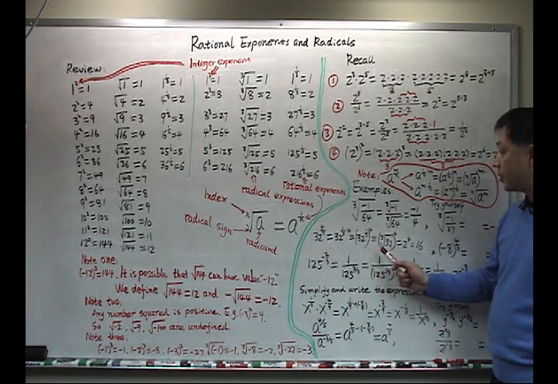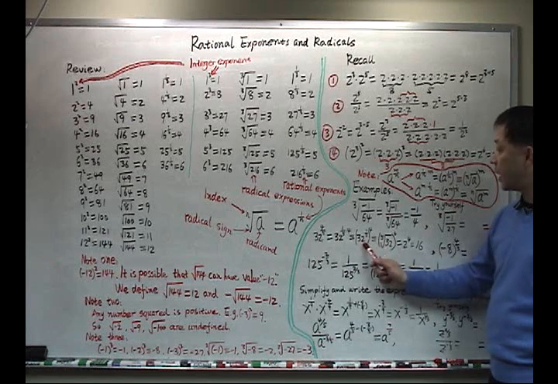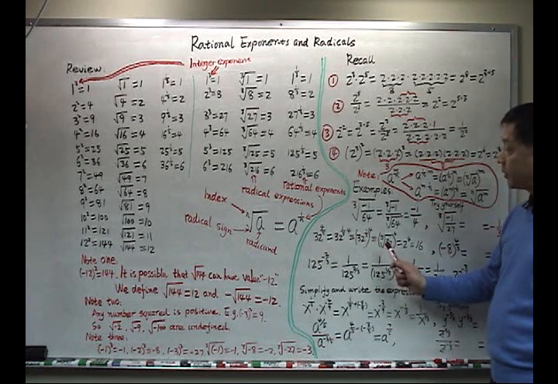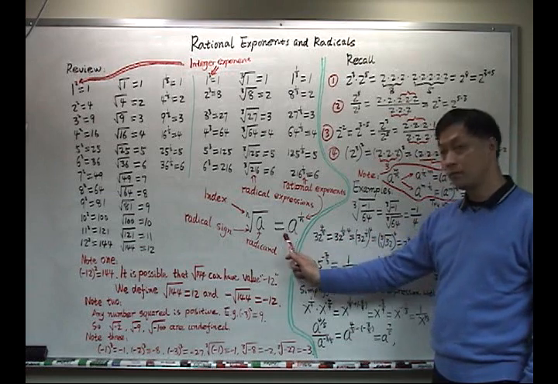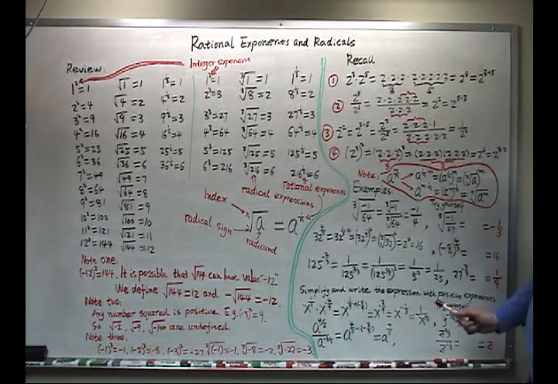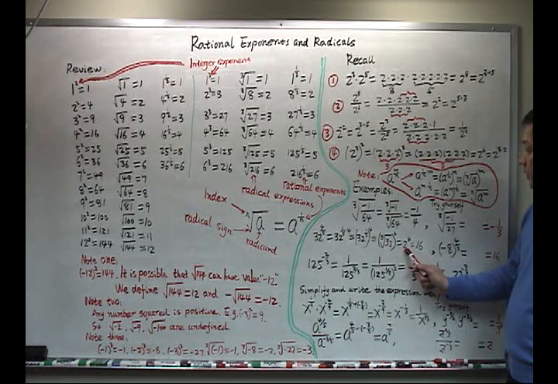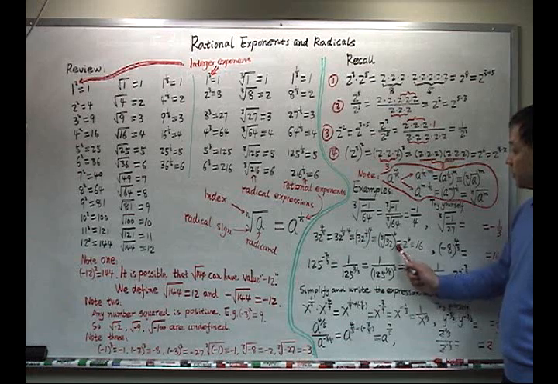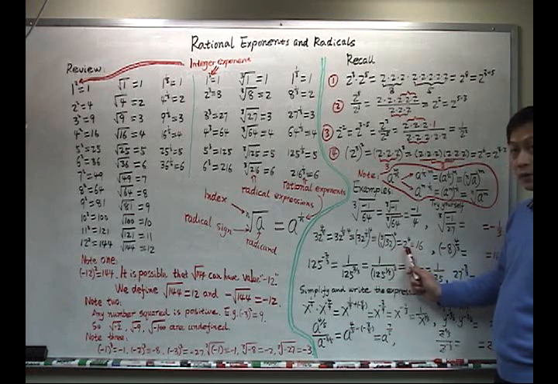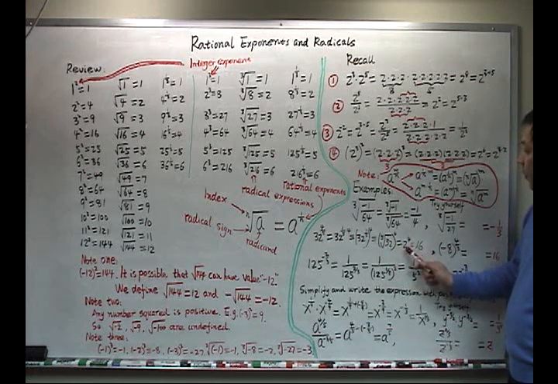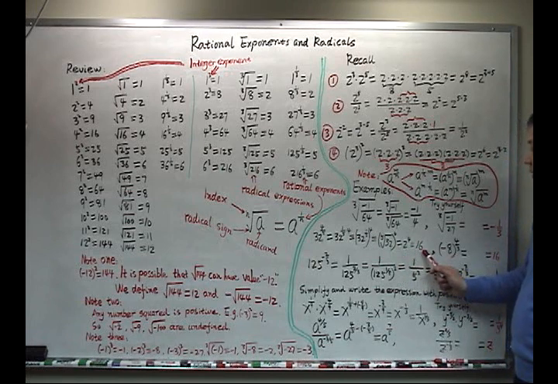So we know those two are equal. Okay? So they are equal. And then we know the fifth root of 32 is 2, because 2 to the fifth is 32. And then to the fourth, so you have a 16 here.